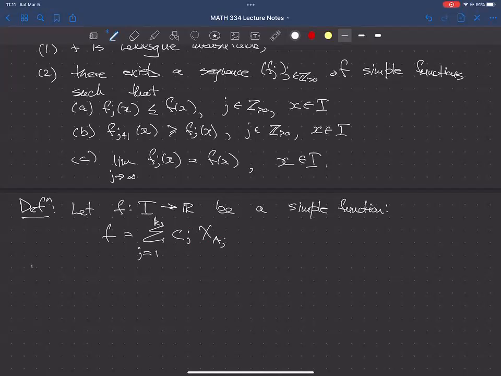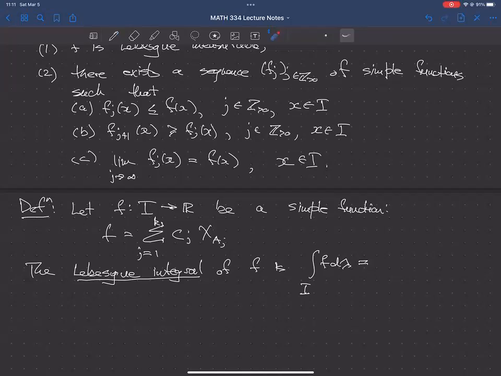All right, so then the Lebesgue integral of f, and I'm going to write it as the integral over I of f d lambda. That's the notation I'm going to use for the Lebesgue integral, to distinguish it from the Riemann integral, which we wrote as the integral of f of x dx.